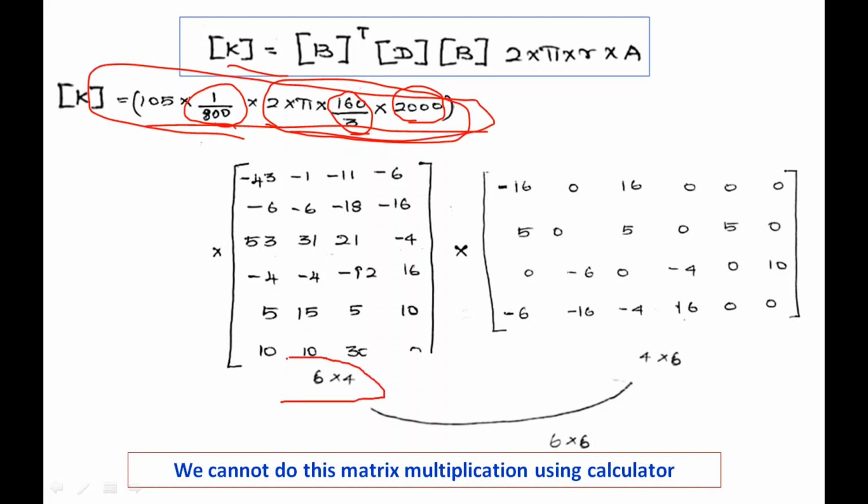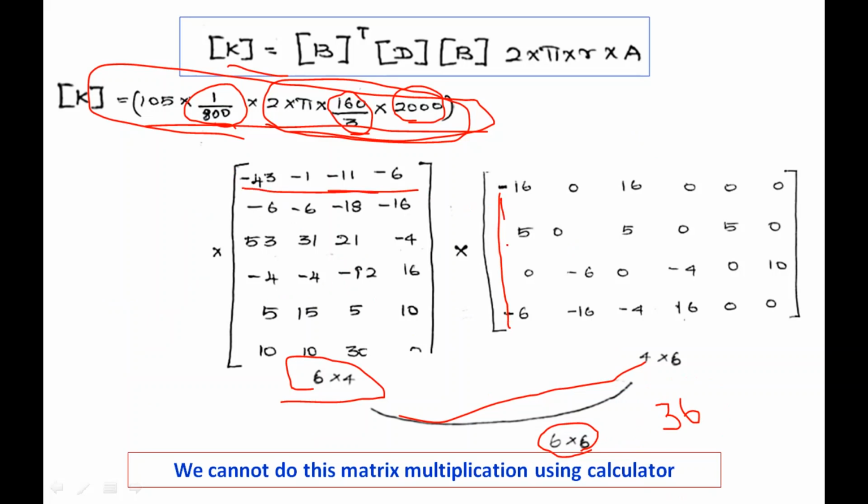So this is the constant part. This is the resultant matrix obtained by multiplying B transpose and D. Again we are multiplying this B matrix here. So this 6 by 4 multiplied with 4 by 6 is going to give a 6 by 6 matrix. Again, matrices of this size cannot be solved using the calculator. For this 6 by 6 matrix, meaning 36 elements, we have to do manual multiplication.